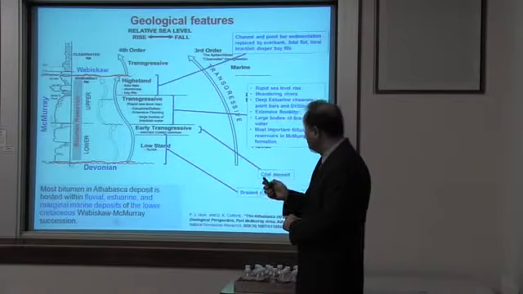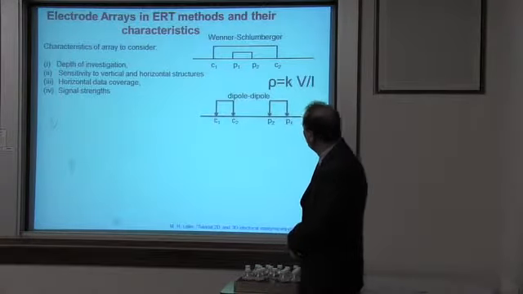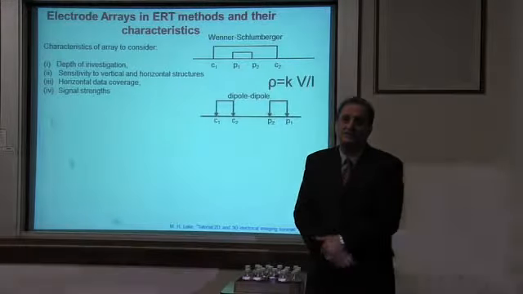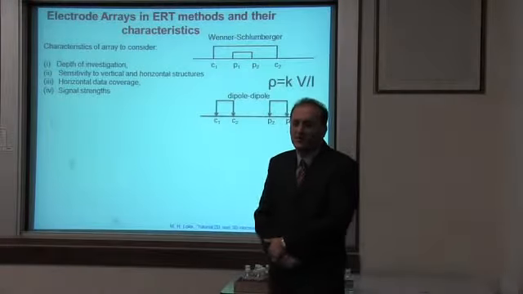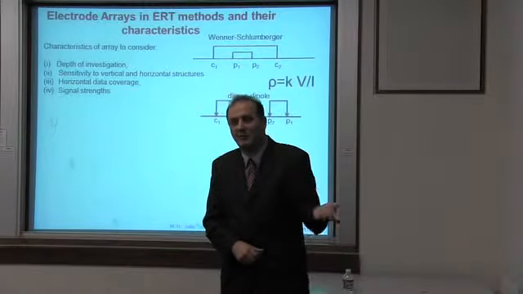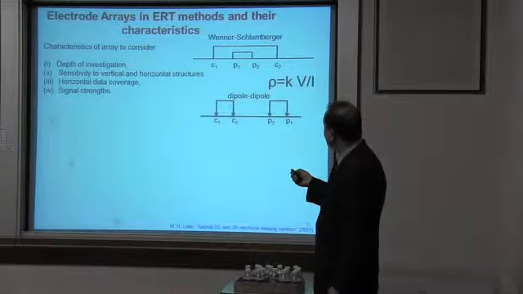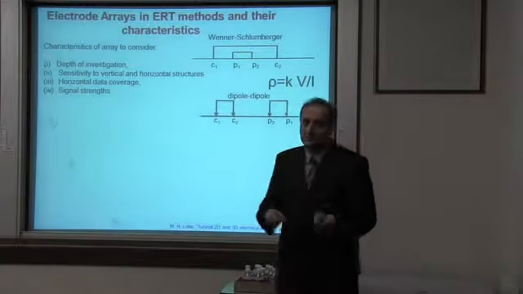So what is the electrical resistivity method? I think these are quite standard. In the electrical resistivity method, what people do in the field is take a car battery and some electrodes, 4 electrodes: current electrodes and potential electrodes.